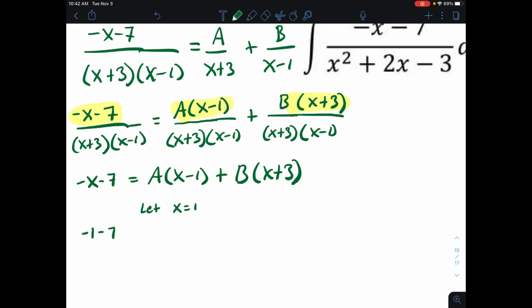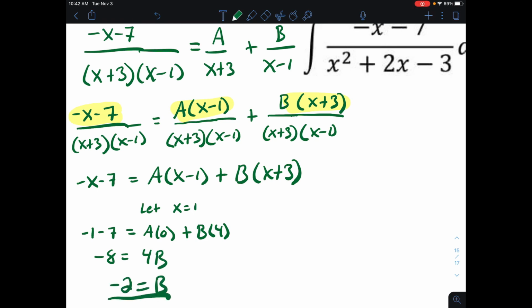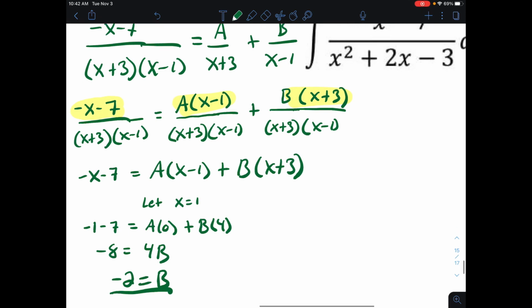So I'd have negative 1 minus 7 is equal to a times 0 plus b times 4. And now I would go solve. So negative 8 is equal to 4b. So negative 2 is equal to b. So we solve for b. Now we're going to solve for a. Well, we're going to pick the other zero.